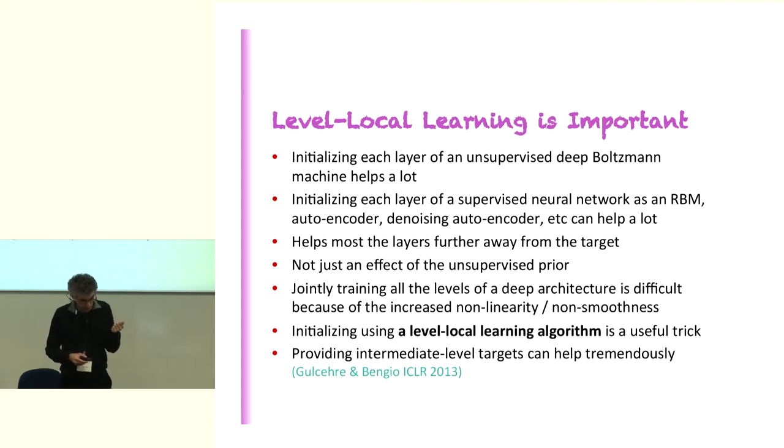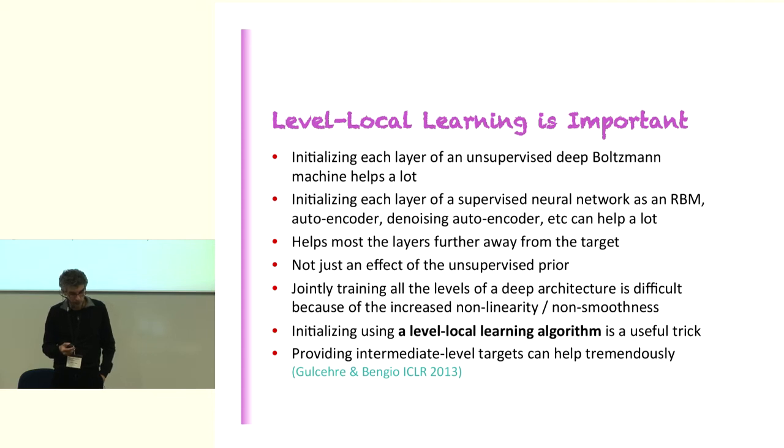We can initialize, as we'll see, deep auto-encoders, deep Boltzmann machines, deep supervised networks. And we find very often, but not always, that by doing this initialization, we get better training and test error. So this seems to be some optimization issue that I've mentioned previously.